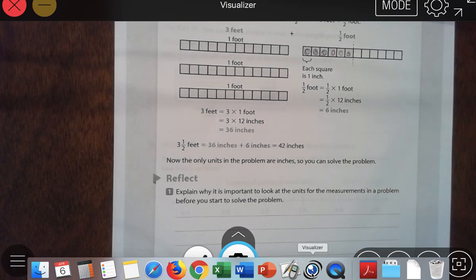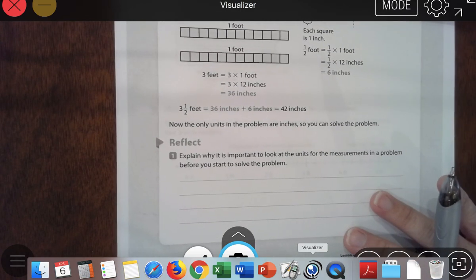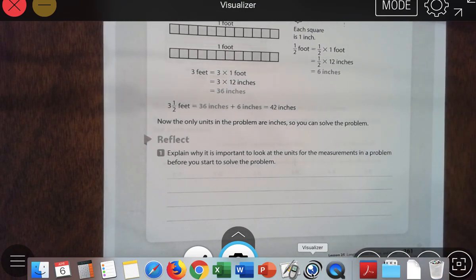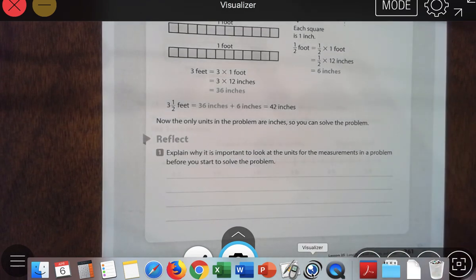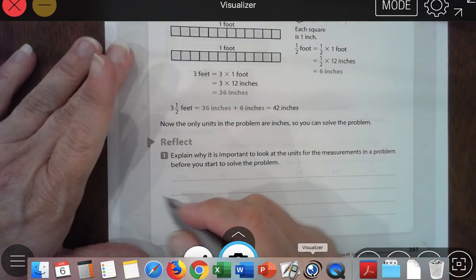Let's look at the reflection for today. Explain why it is important to look at the units for the measurement in a problem before you start to solve. Well, we've already said several times you have got to make them the same. So in this case, everything had to be in inches.